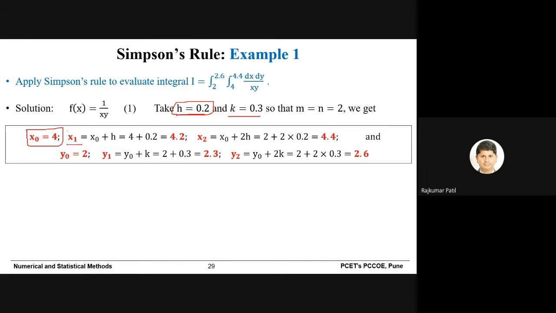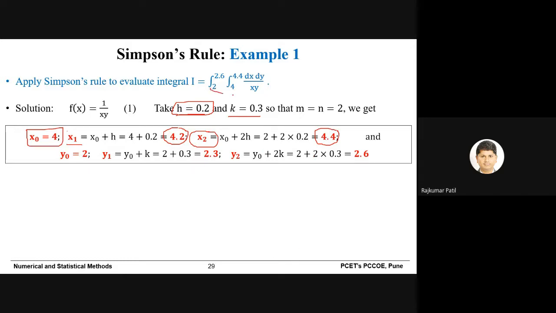Your x1 will be 4.2. So again, calculation point of view it is easier. And finally, x2 will be 4.4. So there are only three values of x0, x1 and x2, and from a calculation point of view they are easier.